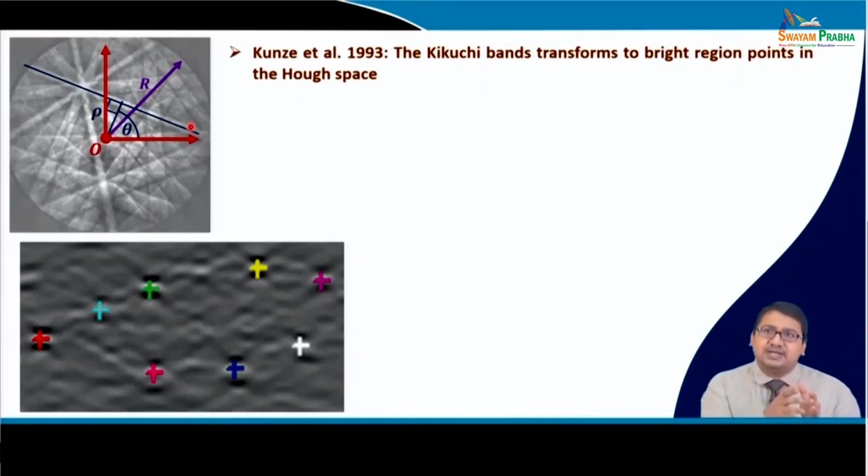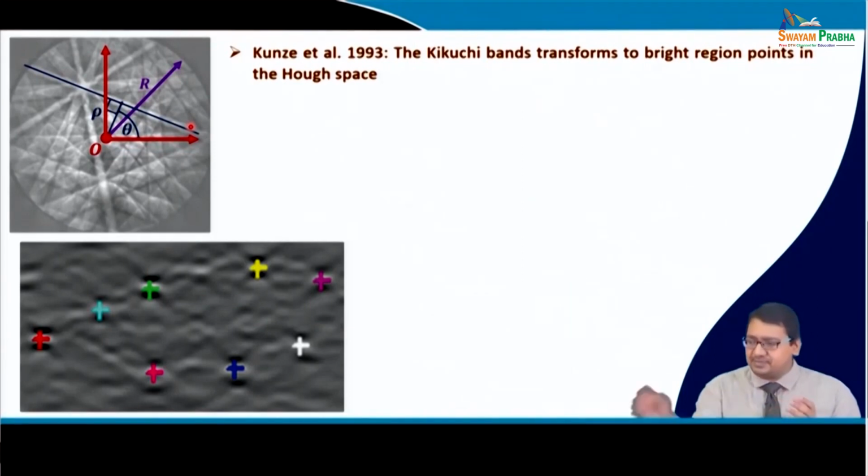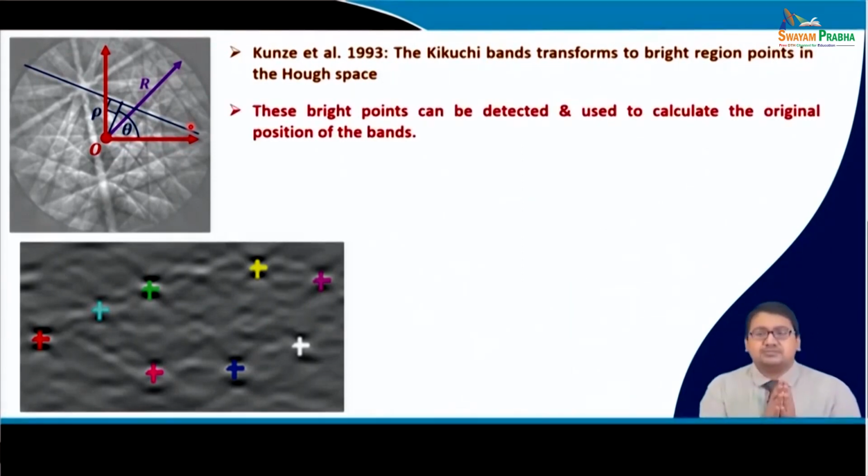This bright line, which is the Kikuchi band, is transformed into bright regions of the Hough space, and this was shown by Krieger Lassen et al. in 1993. Now, these bright spots can be detected and used to calculate the original positions of the band.